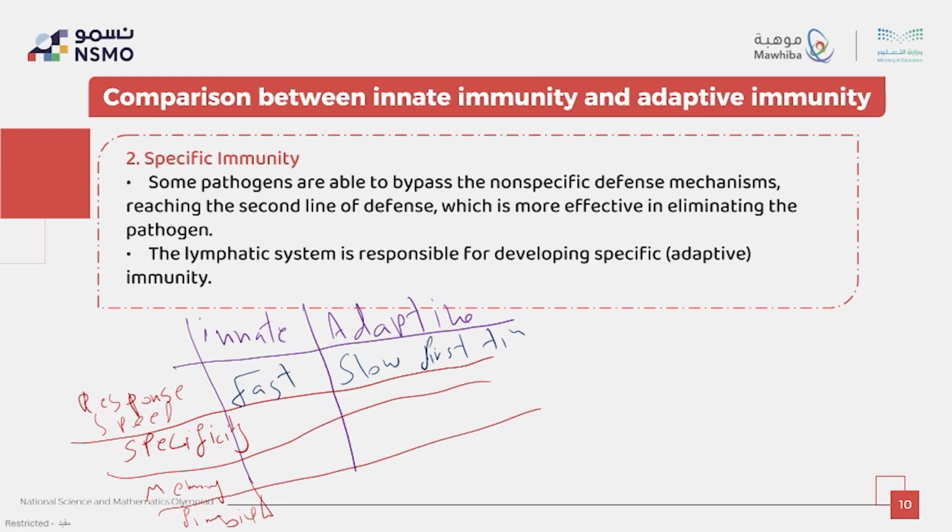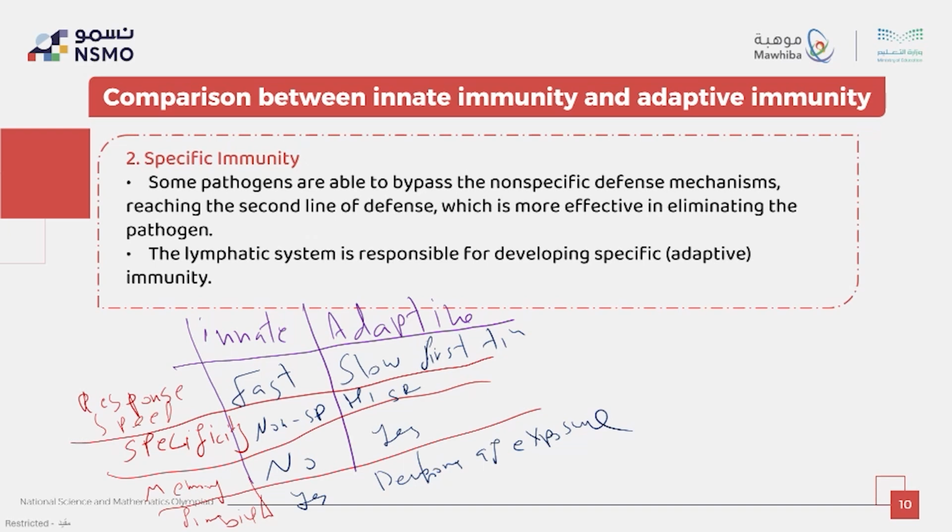Specificity in innate, it's non-specific, but in adaptive, it's highly specific. Memory in innate, no memory, but in adaptive, yes, there is a memory. From birth, in innate, yes, from birth, but in adaptive, no. It is developed after exposure. So this is the comparison between them.